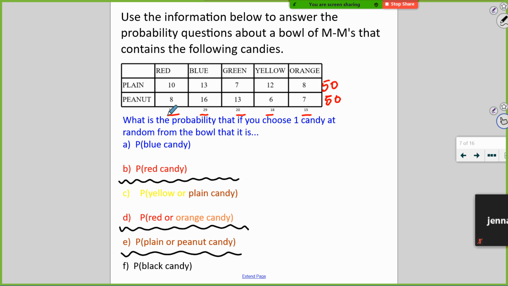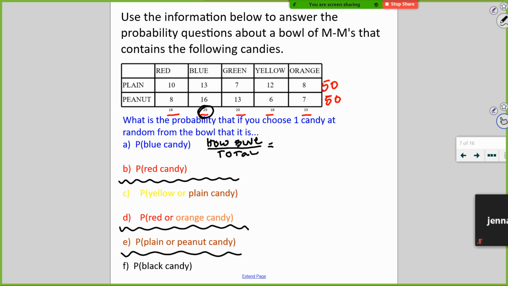The first 2, A and B, regular old probability. I'm going to look at how many blue M&Ms I have over the total of the M&Ms. Right? So that's what I'm going to look at. How many blue? So I'm going to look at my chart.